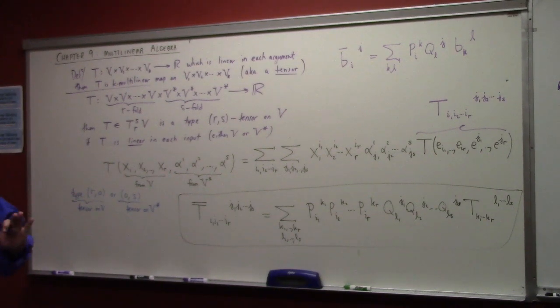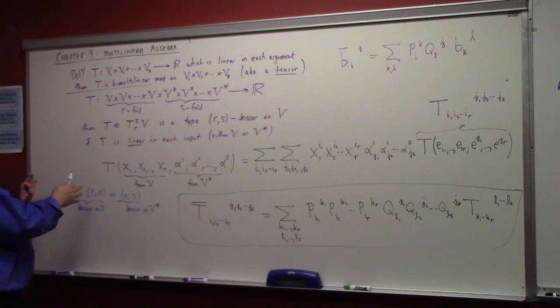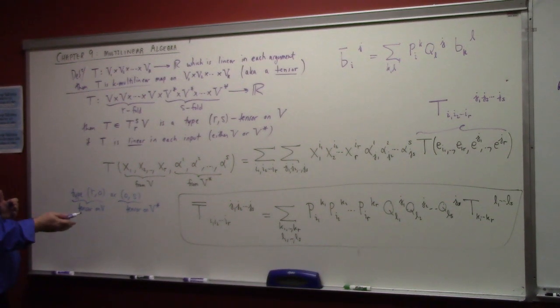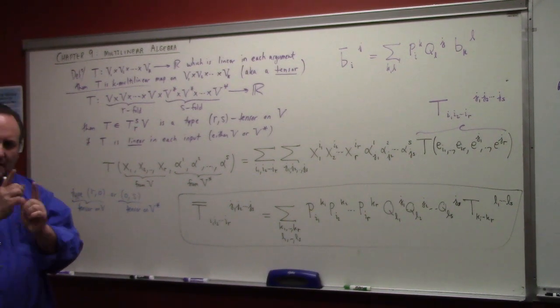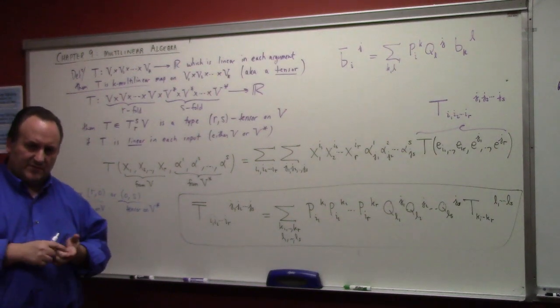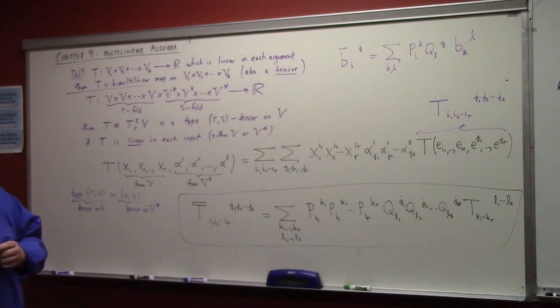This language is a little bit flexible. But my larger point is, if all of the entries are from the same thing, then you can discuss symmetry or anti-symmetry, right? A tensor on V is completely antisymmetric if any interchange of inputs gives you a minus sign, and it's completely symmetric if any interchange of inputs gives you no sign change, right?